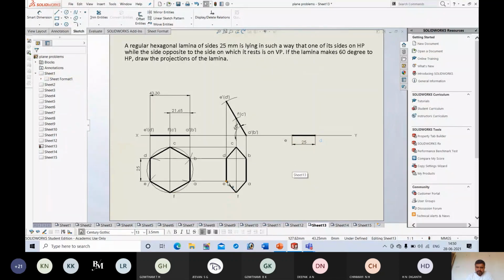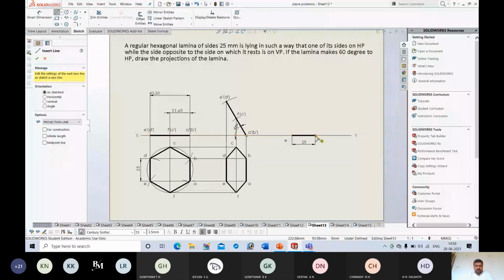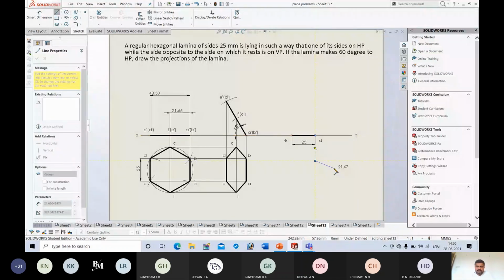Here you can see point A is on a line which is perpendicular to D and E. There is one more perpendicular line, and on this line you will get B. So I can draw two perpendicular lines to a convenient length.